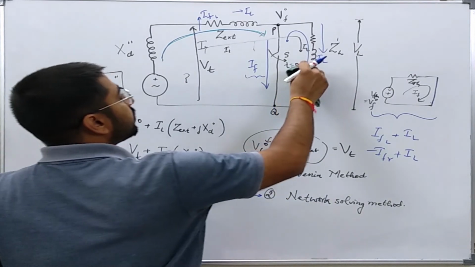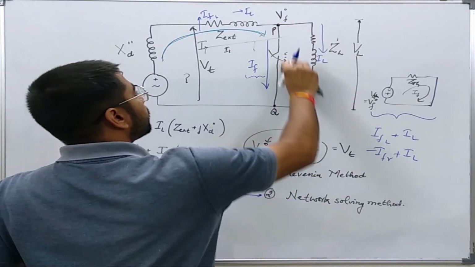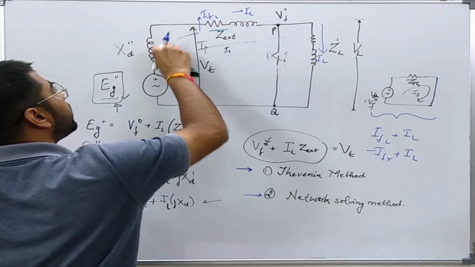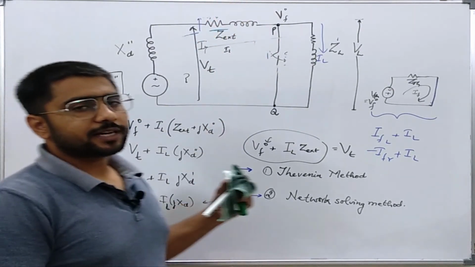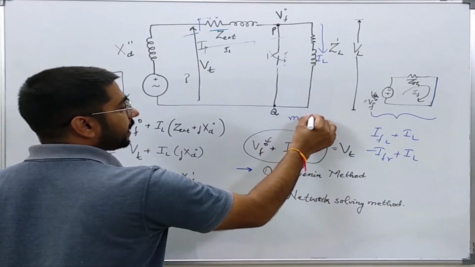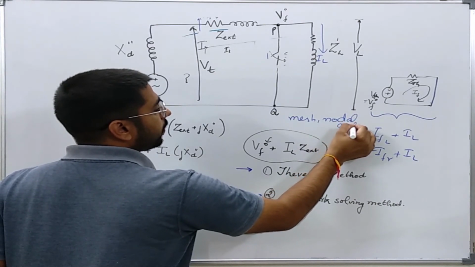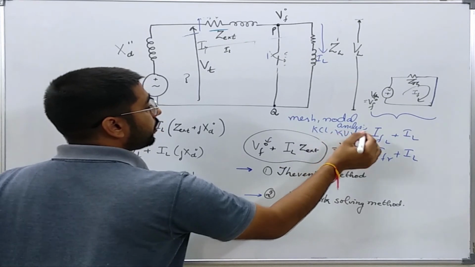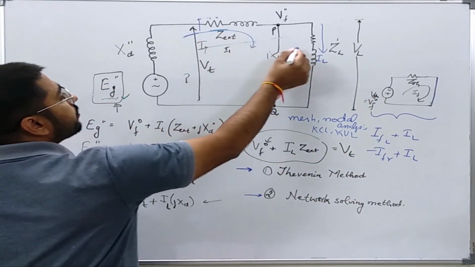That is, we will use our various methods of solving the network, like the mesh method or nodal analysis, or any KCL, KVL to solve the network, and we will find various currents from the branches.